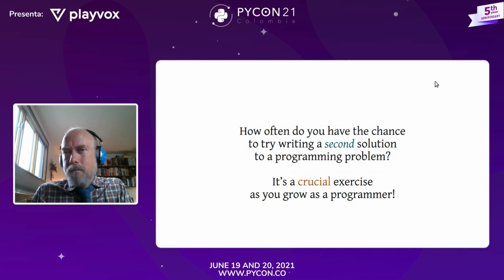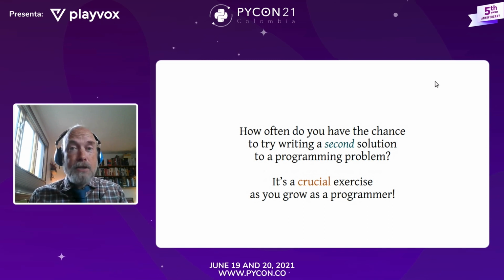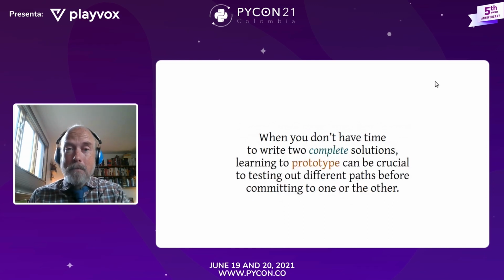How often do you have the chance to try writing a second solution to a programming problem? It's a crucial exercise as you grow as a programmer. Often your first try isn't the best, and if you just sit down and try writing it again, you know more about the problem than you did the first time.